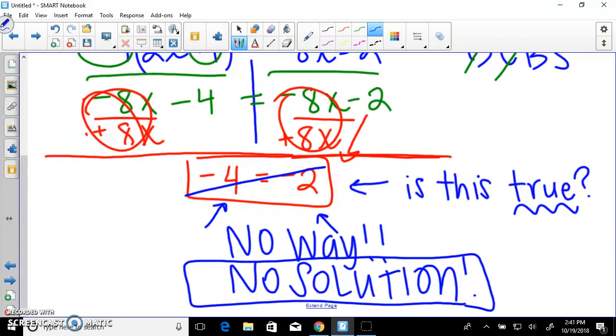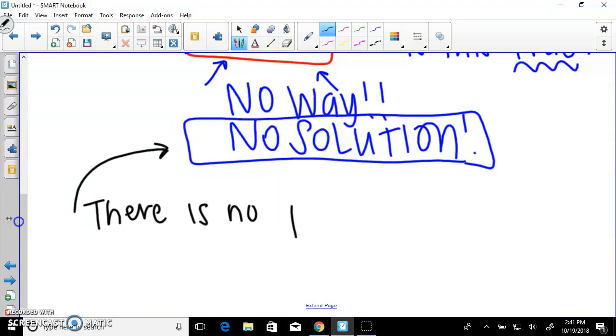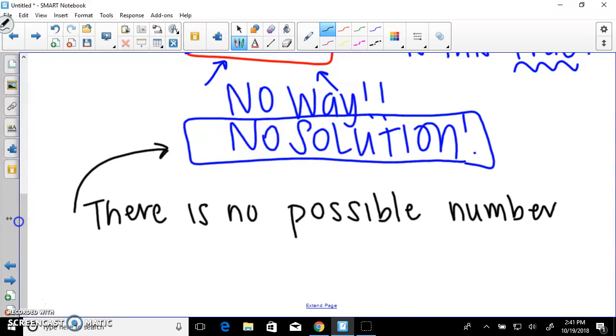So something we need to know about no solution, and please write this, is that when something is no solution, there's no possible number that could make this equation true.